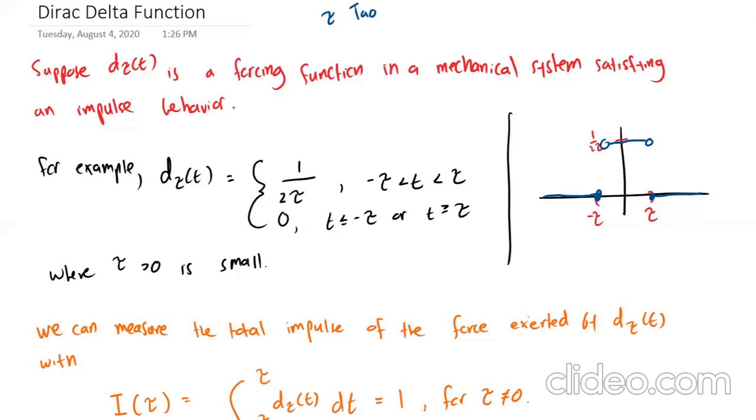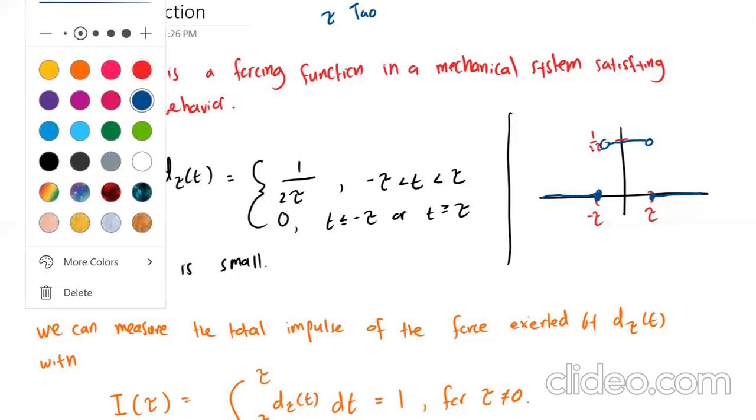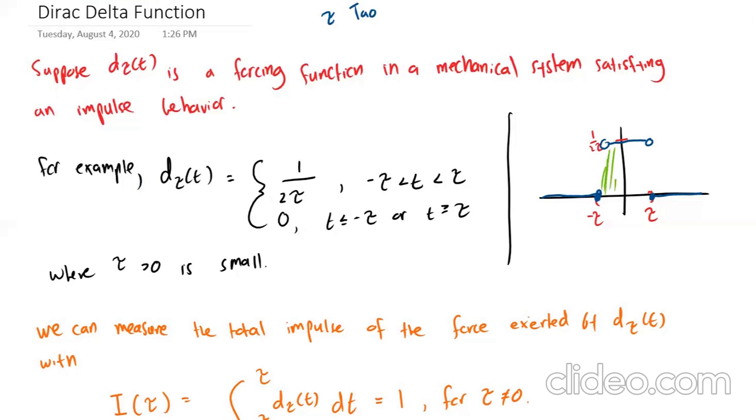Now, in the case where we're thinking of this as a force acting on a mechanical system, we can actually measure the magnitude of this force. How do you do that? Well, you can think of it graphically: if you want to measure the magnitude of the force, you would try to calculate this area here. Now, how do you calculate that area?